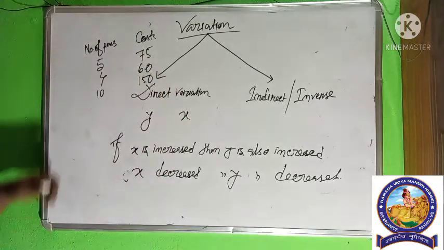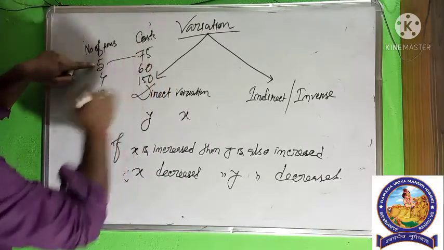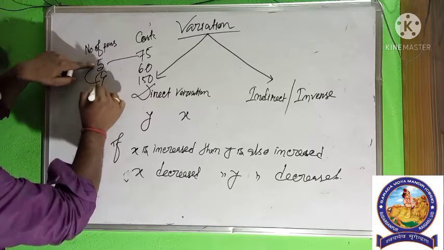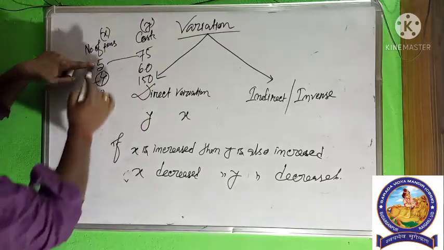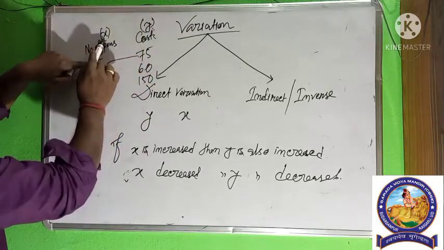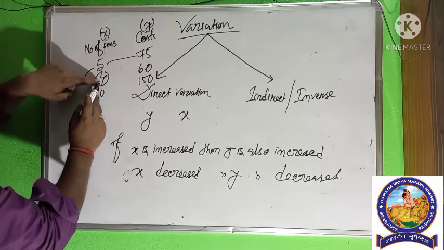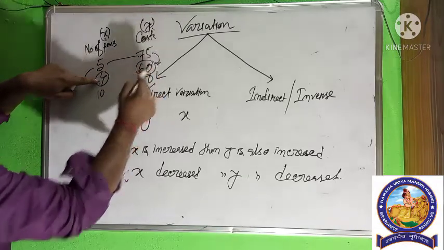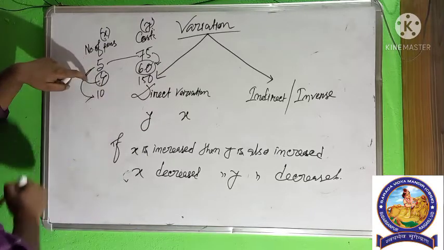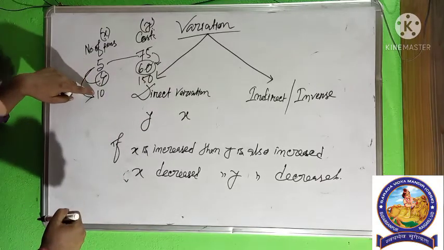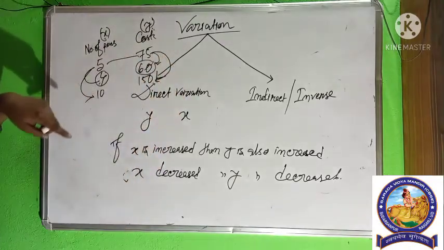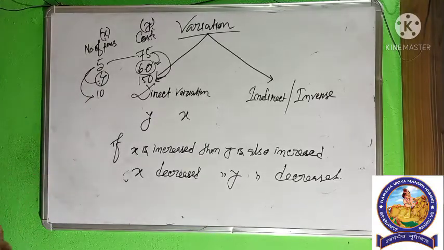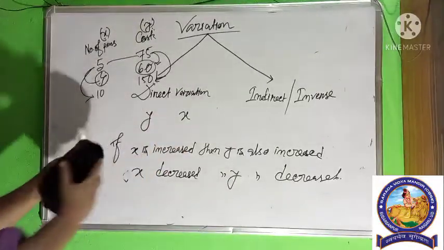So if the number of pens is x and the cost is defined as y, when the value of x decreases, the value of y also decreases. From 5 to 10, the value of x increased, so the value of y, 75 to 150, also increases.